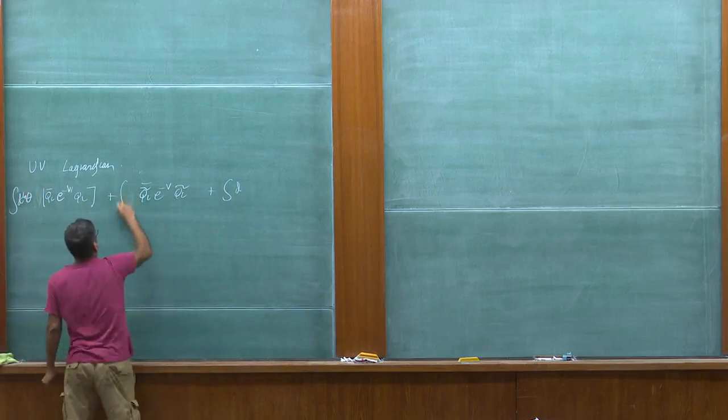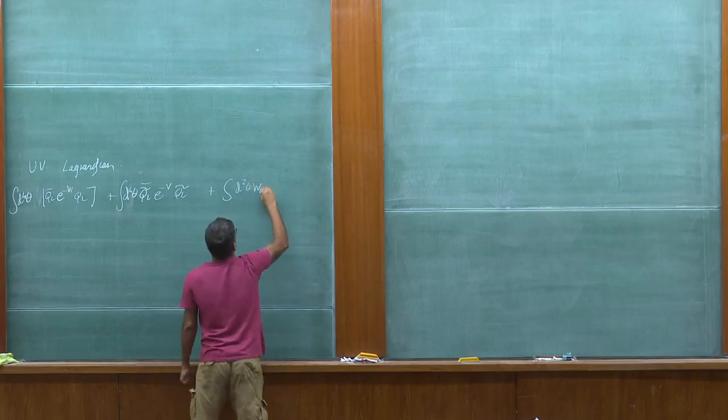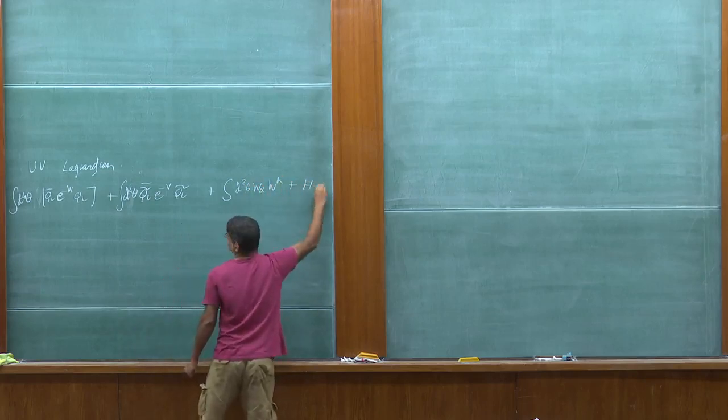This is also d^4 theta. And then there's d^2 theta W_alpha W^alpha plus h.c.